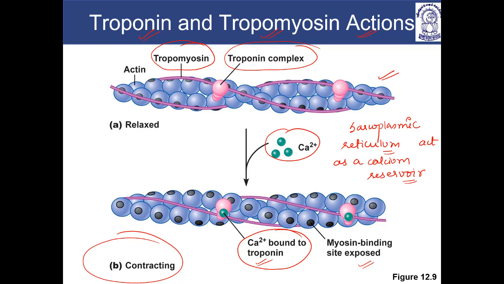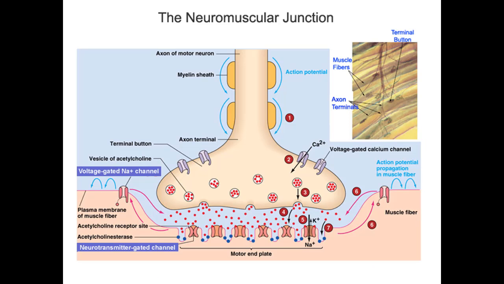Now there is a myoneural junction, which is the junction of sarcolemma and motor neuron.